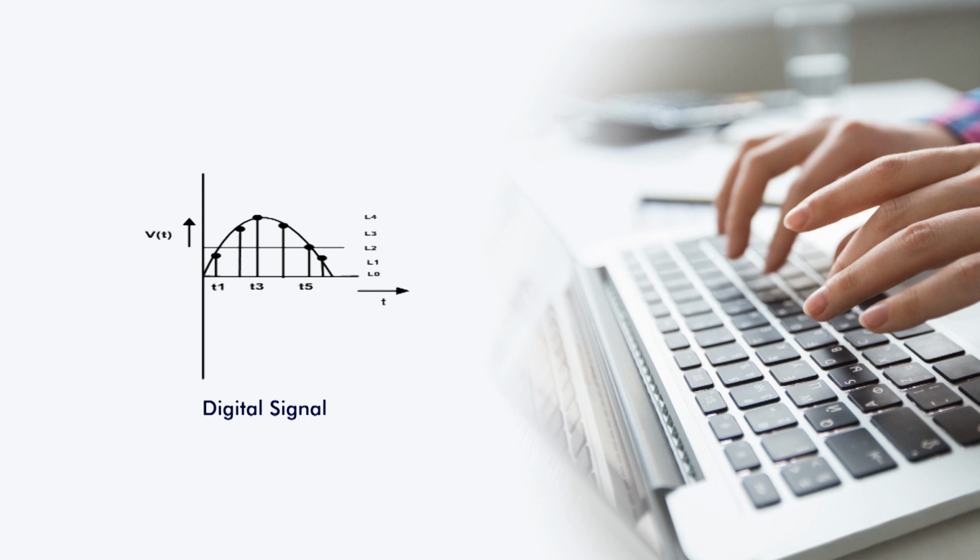Assume the number of levels has increased from 4 to 8.